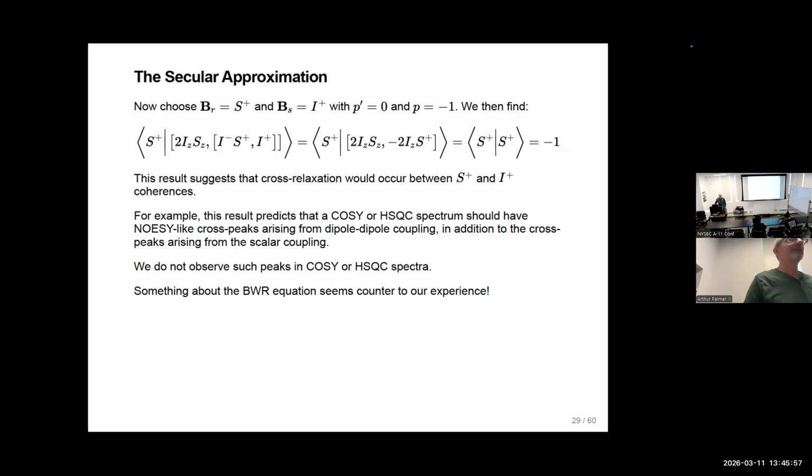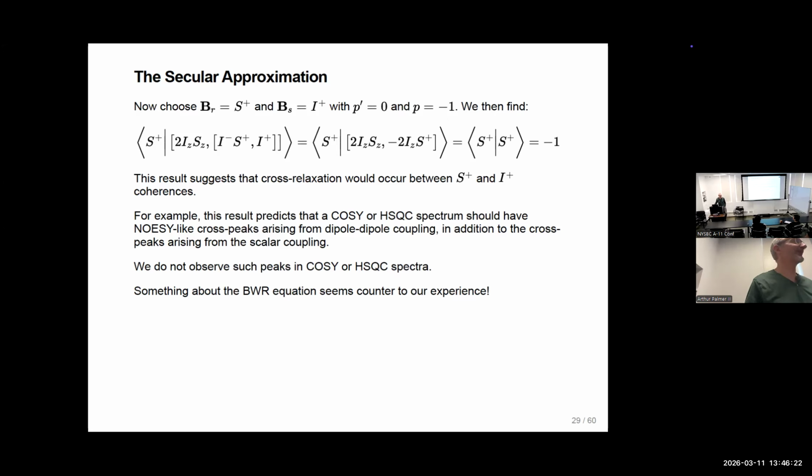Now, probably few of you have run a COSY, a homonuclear COSY, but you've probably seen pictures of them in papers. All the peaks you've ever seen mentioned in a COSY spectrum come from the J couplings, not from any kind of cross relaxation.